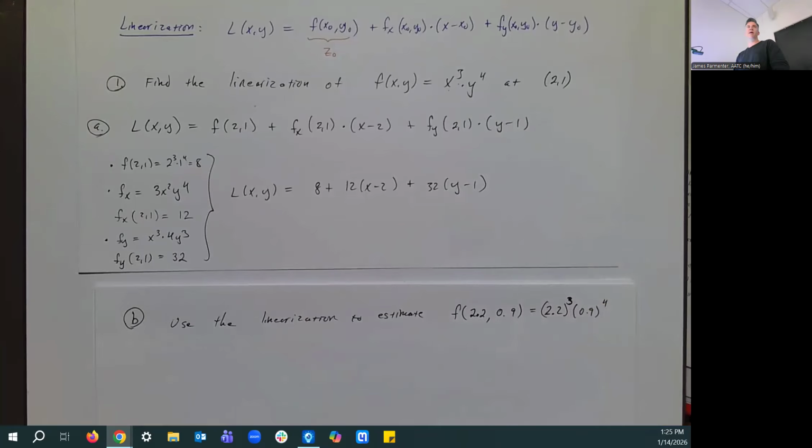Not an easy thing to calculate without a calculator. Not impossible. This is totally within the realm of what you could probably multiply out. It'd be a bit tedious, but if you really had to, you could figure out 2.2 cubed times 0.9 to the fourth. It would just be gross.